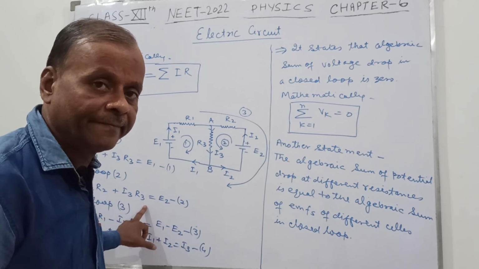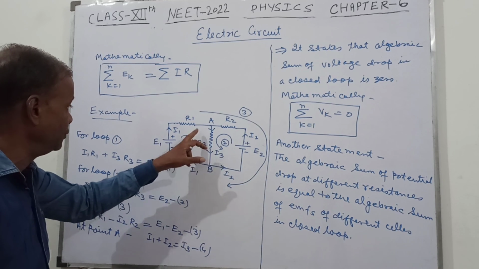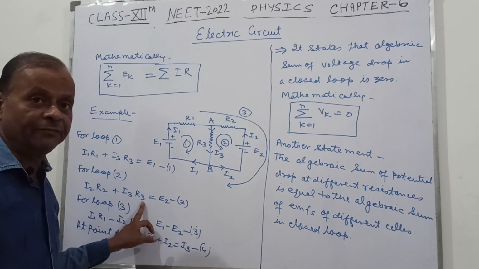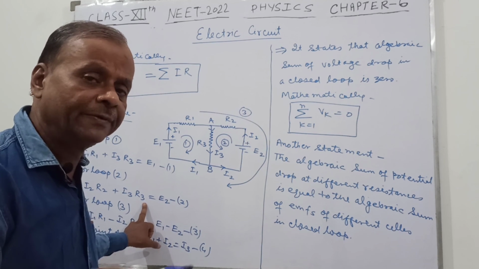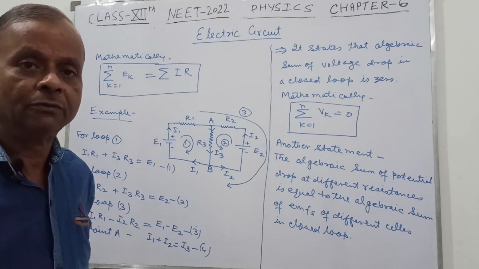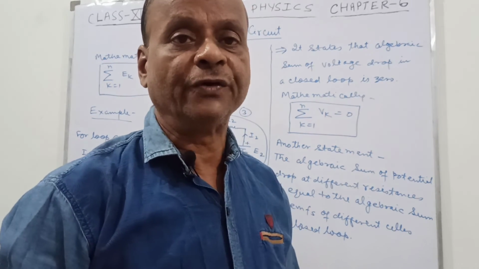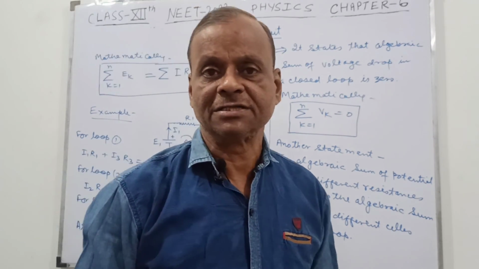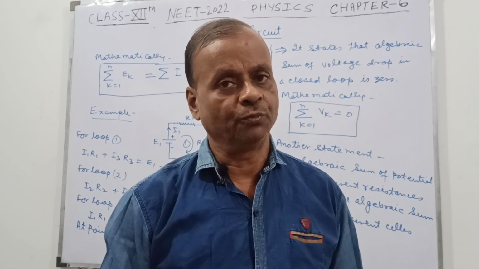Now in place of I3 we will use I1 plus I2, then R3 will come out along with I1 and I2, so that will be different. In this way we can make use of these laws to find the current in some of the resistances which are given in the closed loop.